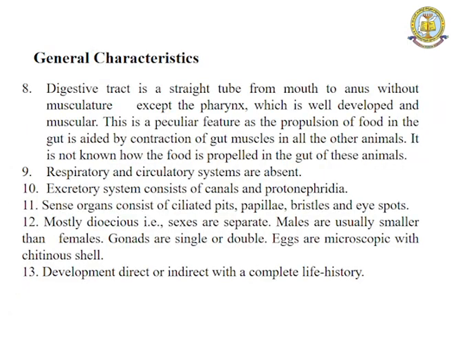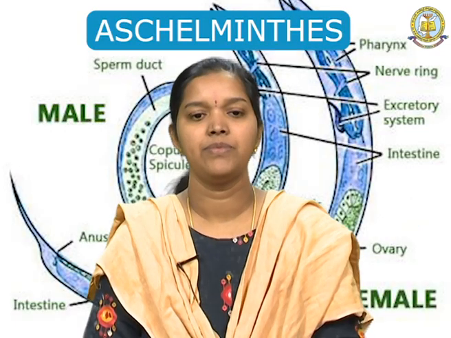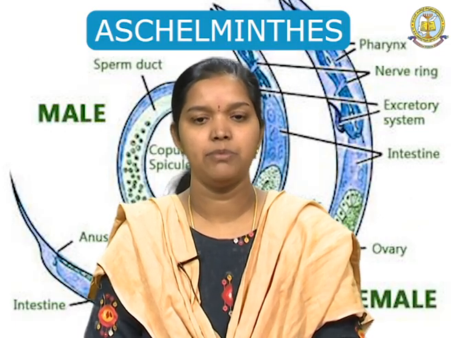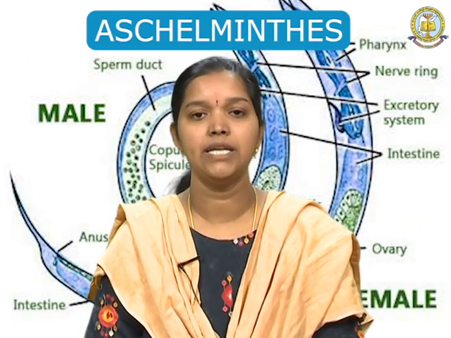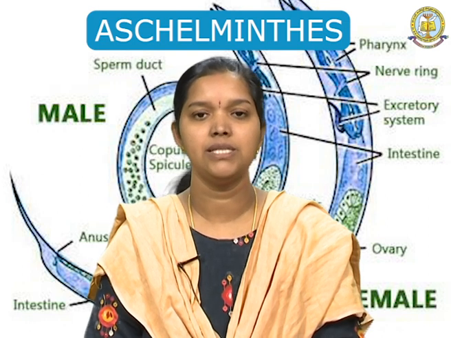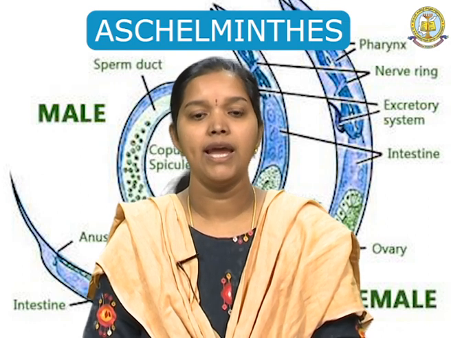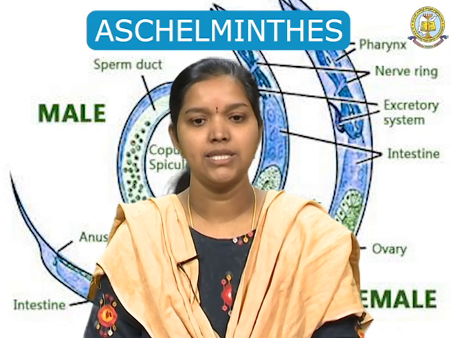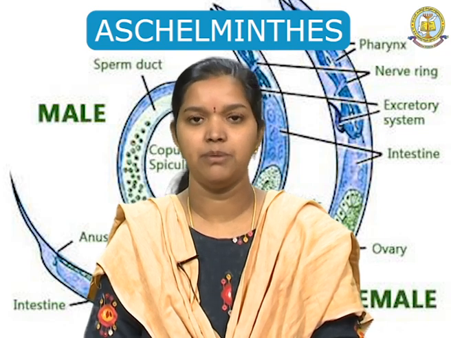The respiratory system and circulatory system are absent, and the excretory system consists of protonephridia. These are the structures involved in the elimination of waste from the body. The sense organs present are usually ciliated pits, papillae, bristles and eye spots, and mostly they are dioecious. That means the sexes are separate.